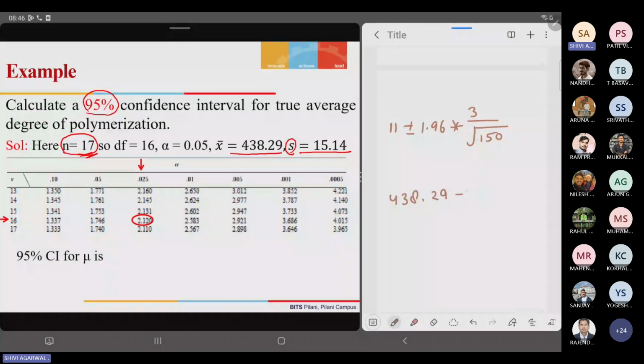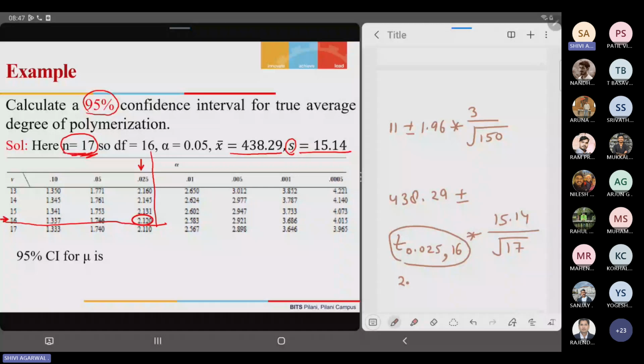438.29 plus minus T alpha by 2, so it is 0.025, and degree of freedom, because n is equal to 17, we are taking 16, into S. S is 15.14 upon square root of 17. This value is coming from 16 degrees of freedom and 0.025, so it is 2.120.